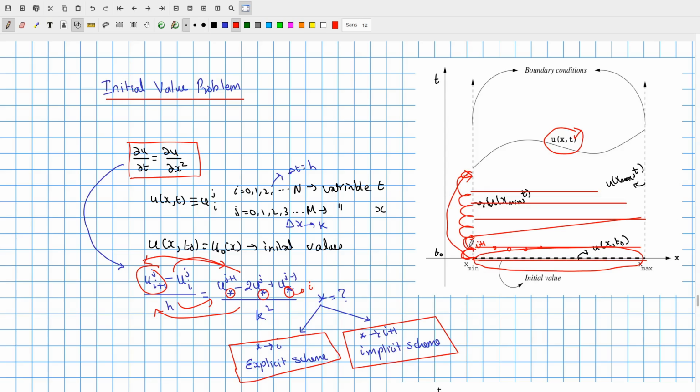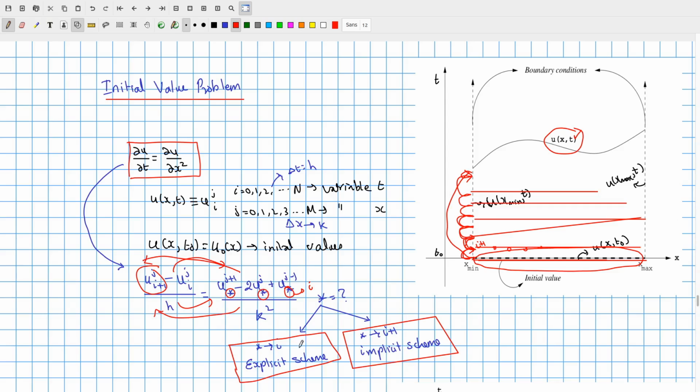Then we calculate for I plus 1 using a particular choice of star, and then go from I plus 1 to I plus 2, I plus 3, up to I plus n, a certain n which corresponds to our time, and that is the solution which is required. This is how an initial value problem is solved.